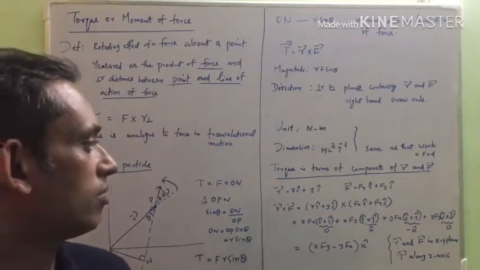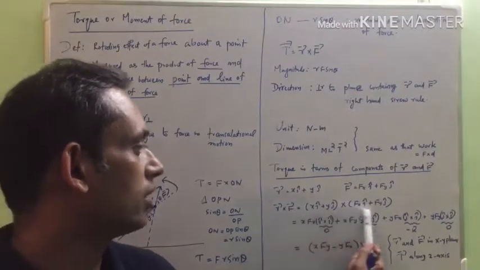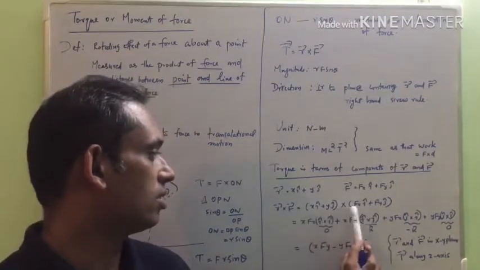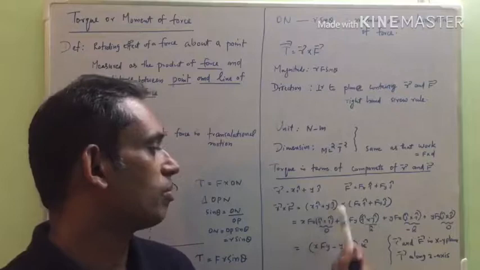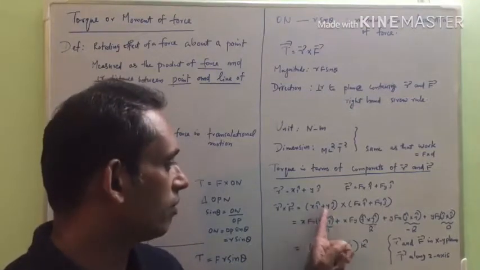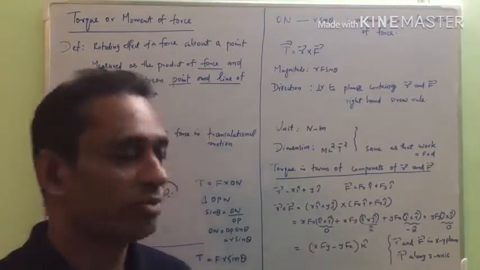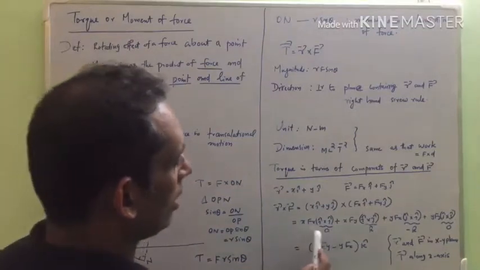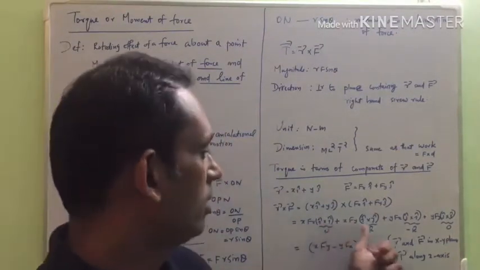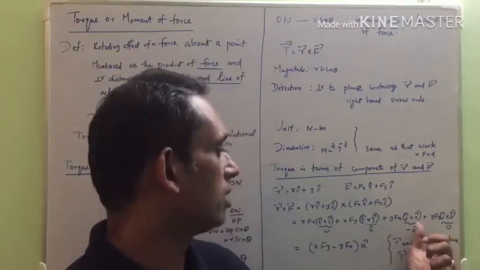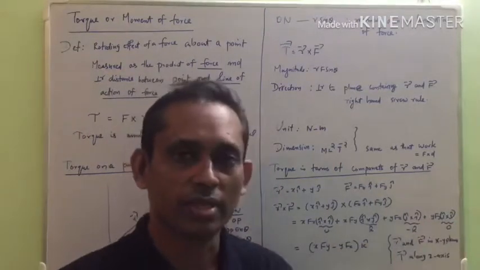So take r cross F. When you take the cross product, you have to multiply each term of r with every term of F. As you multiply, you will get i cross i, i cross j, j cross i, and j cross j.